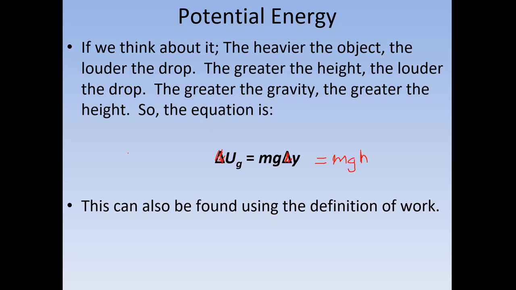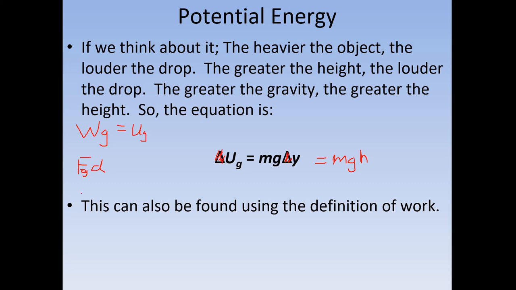So, what I can do is say that the work done by gravity is the same as the gravitational potential. We already have an equation for the work done by some force. It's force times distance. Since this is the work being done by gravity, it makes sense that the force is also going to be by gravity. Just like how we said before that the work being done by the frictional force dealt with the frictional force in the equation.